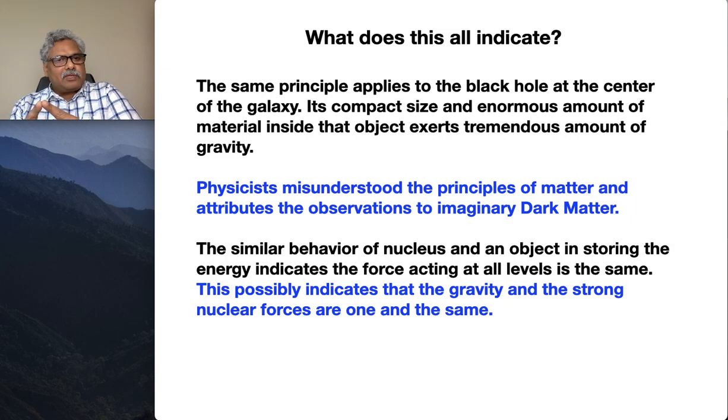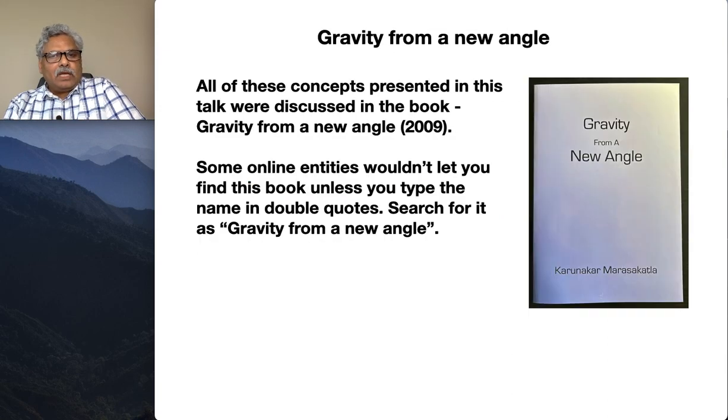So what I am thinking is that both gravity and the strong nuclear force could be the same. We are only misunderstanding the basic concepts of matter. This is all I explained in a book called Gravity from a New Angle in 2009.